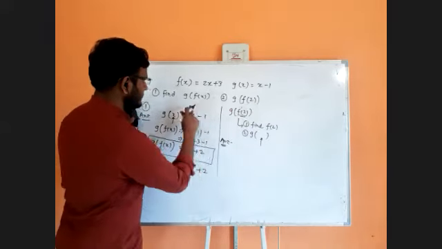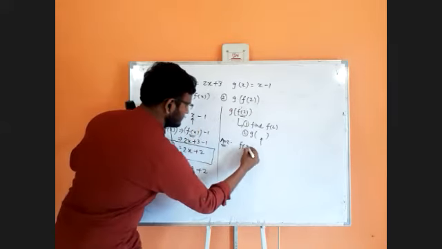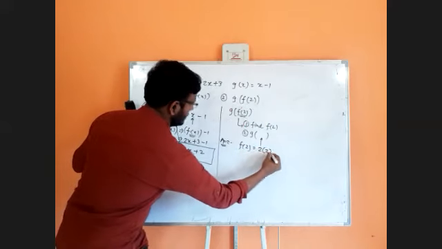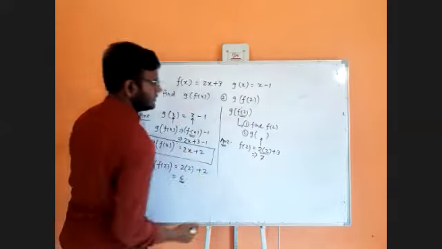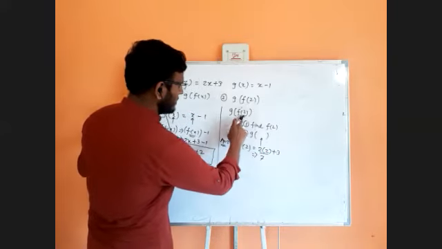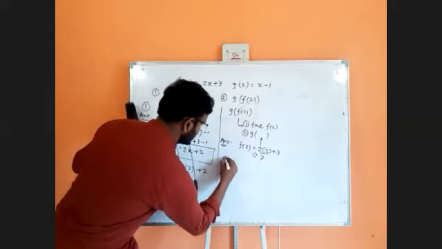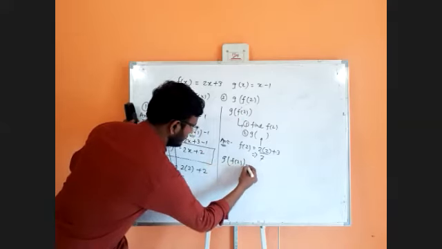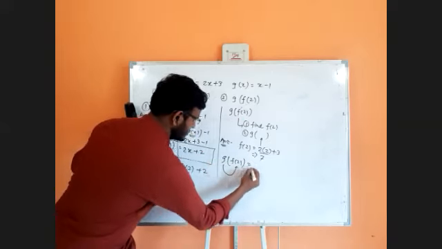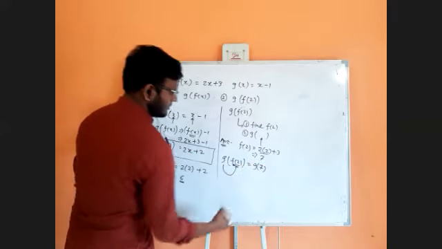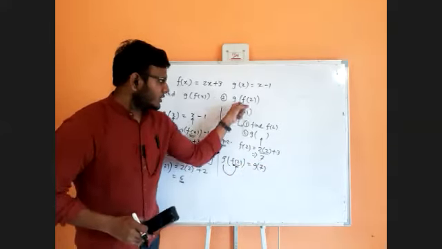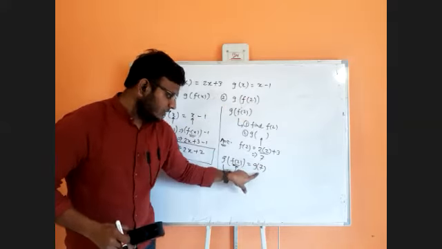So f of 2 is 2 into 2 plus 3, so 7. It means f of 2 is 7. So g of f of 2, in place of f of 2 I will write 7. So finding g of f of 2 is as good as finding g of 7.